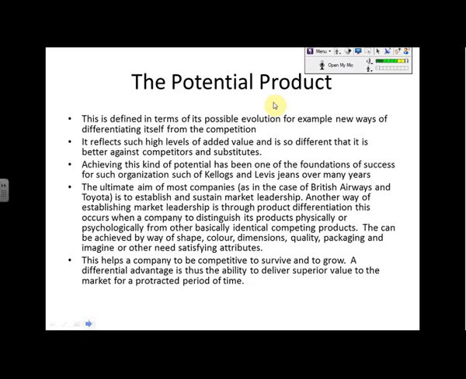Achieving this kind of potential has been one of the foundations of success for such organizations like Kellogg's, right, and Levi's jeans over many years. The ultimate aim of most companies, as in the case of British Airways and Toyota, is to establish and sustain market leadership.